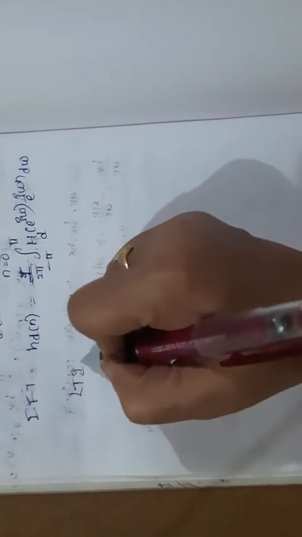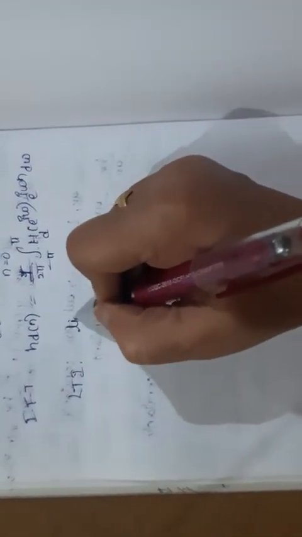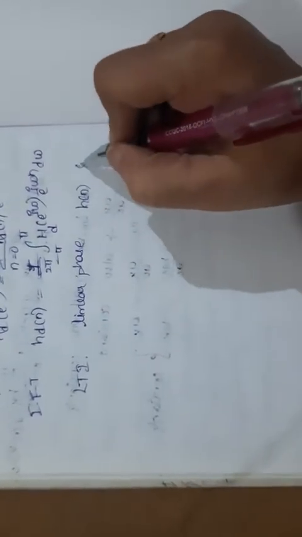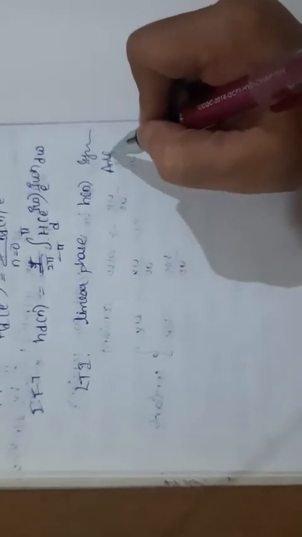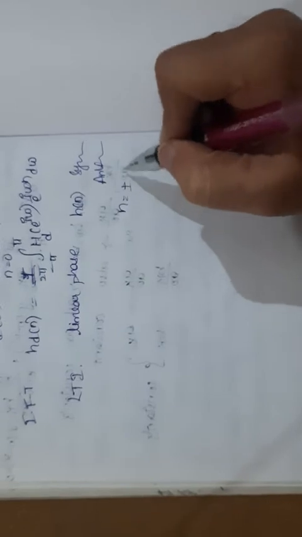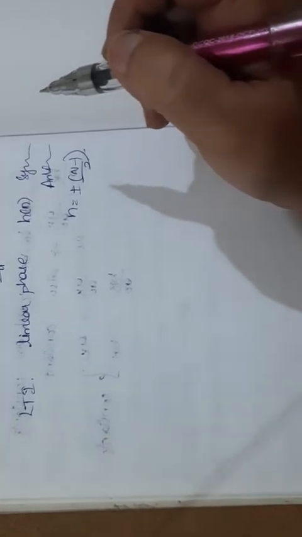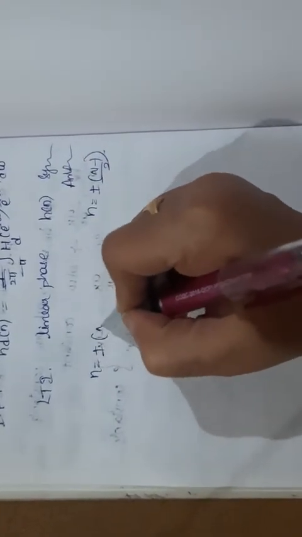We always know that a causal linear time invariant system will have linear phase if and only if its impulse response h of n is symmetrical or anti-symmetrical around n equal to plus or minus (N minus 1) by 2. So to get the FIR filter response, first truncate the infinite Fourier series at n equal to plus or minus (N minus 1) by 2, because it is infinite length.